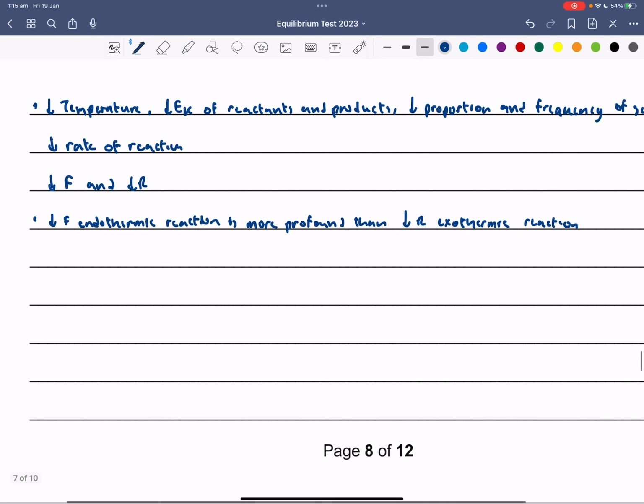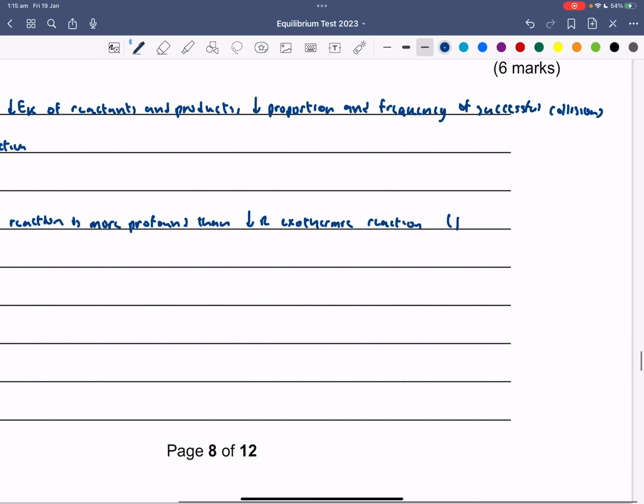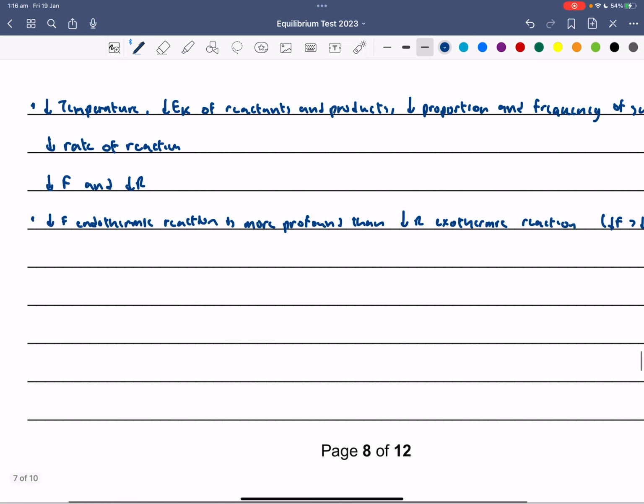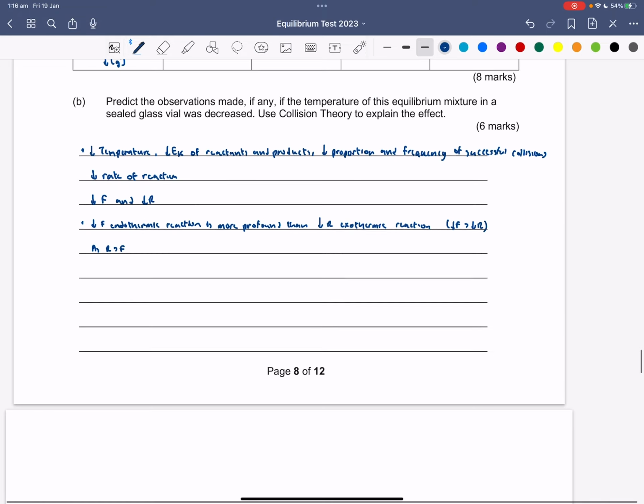What I'm basically saying is that the forward drops by more than the reverse. And if the forward drops by more than reverse, the reverse is greater than the forward reaction rate. And I have to explain why.